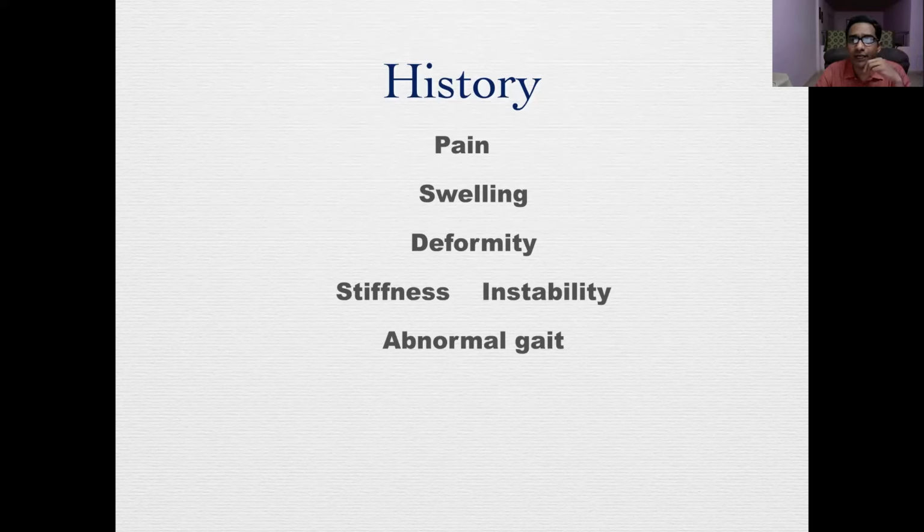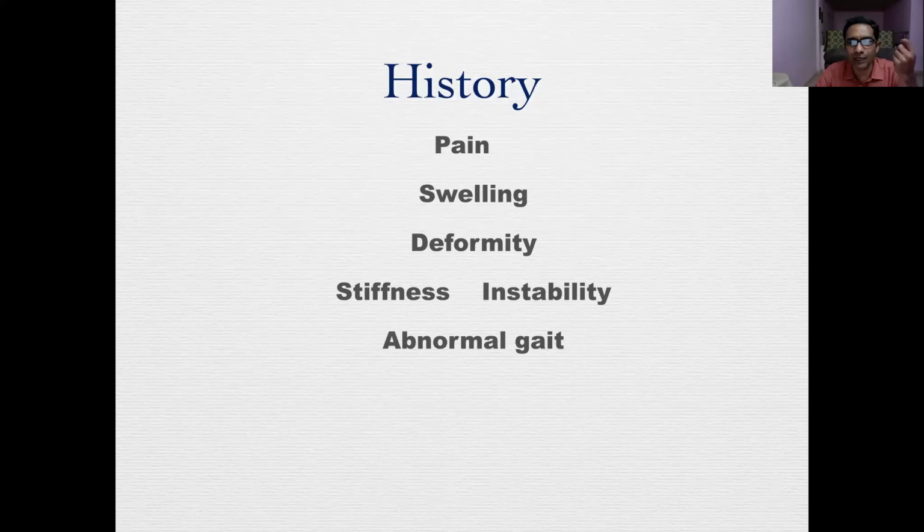Stiffness in the foot and ankle is almost a direct correlation to pain, so it usually is seen in arthritis. Sometimes you get early morning stiffness, but stiffness and pain are used interchangeably in the foot. Instability is a rare symptom and usually presents as recurrent ankle sprains or recurrent foot sprains, which can be a hidden symptom of instability or ligamentous injury.